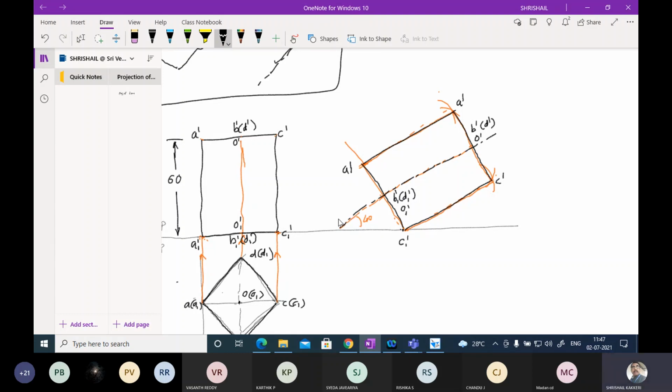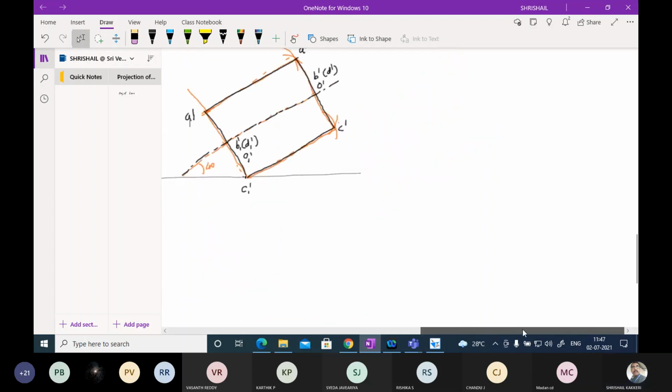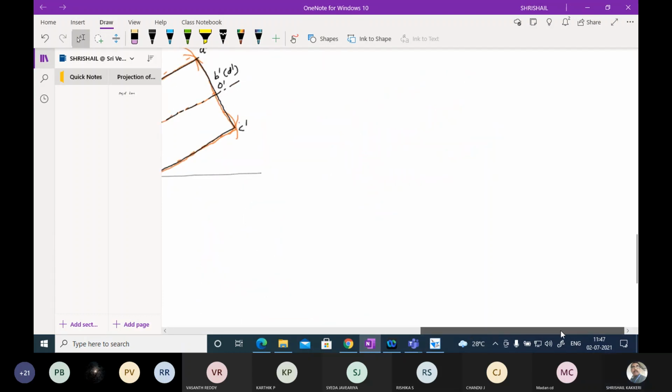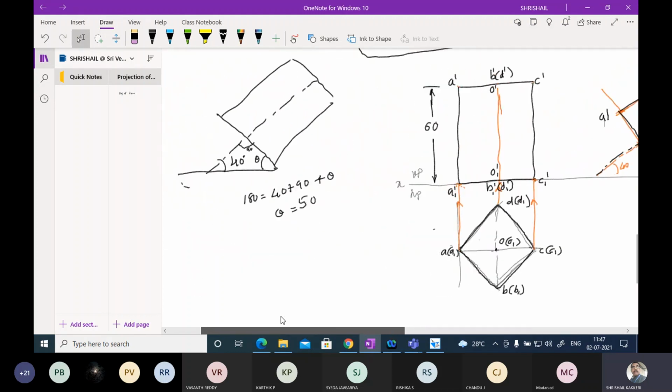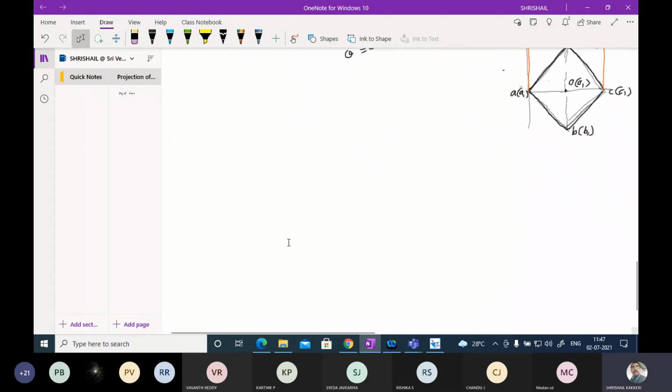Any problems are there? So initially what I did, I am going to show you this. Please look here carefully. Initially I am going to keep this prism like this.